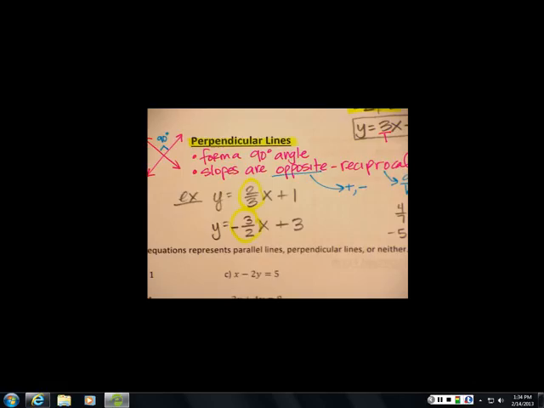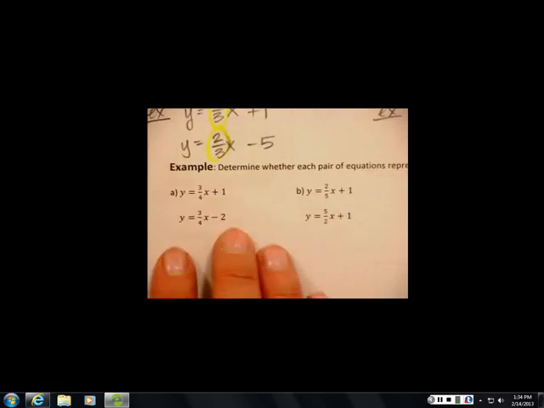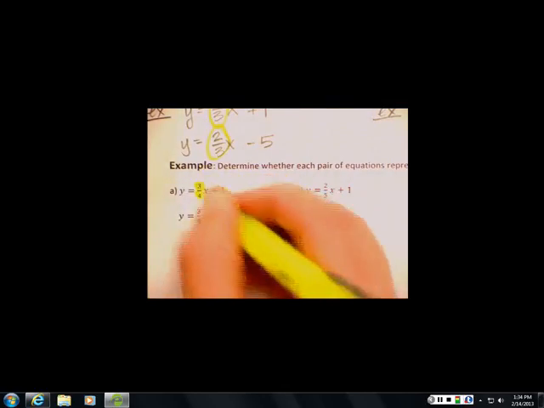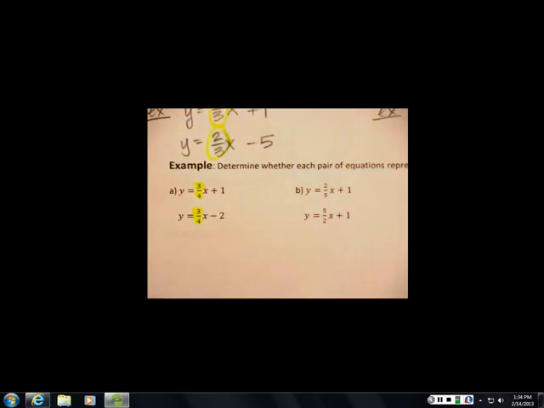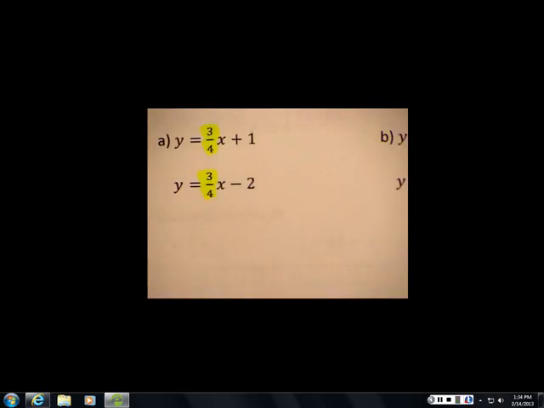So this takes us to our next example. Determine whether each pair of equations represents parallel lines, perpendicular lines, or neither. I look at A. I'm looking at the slope to make this decision. My slopes are 3/4 and 3/4.